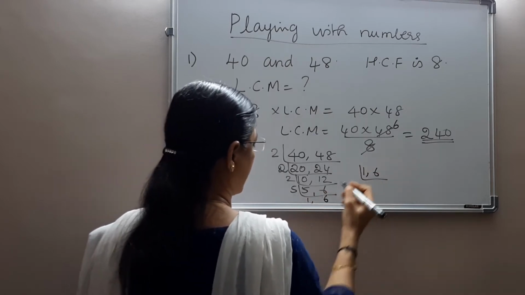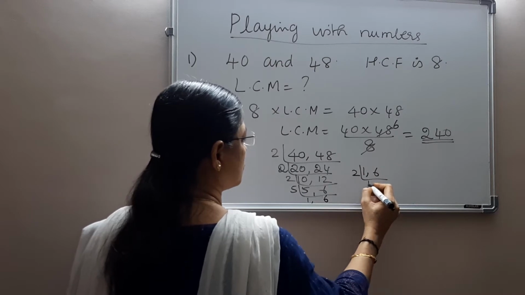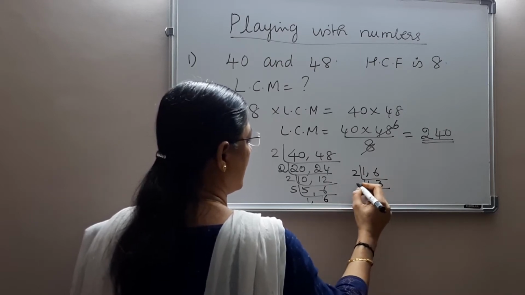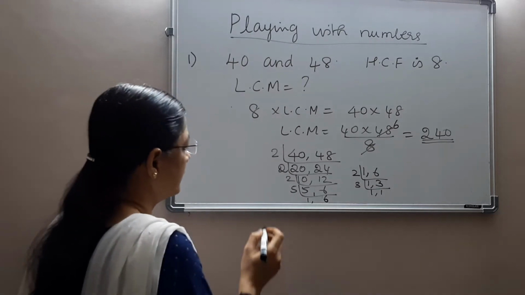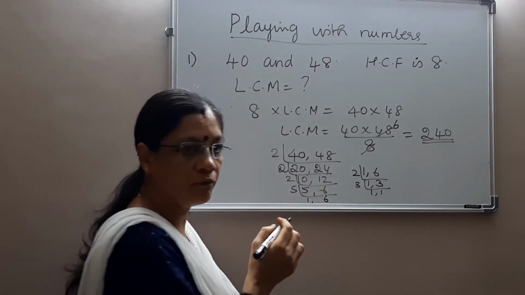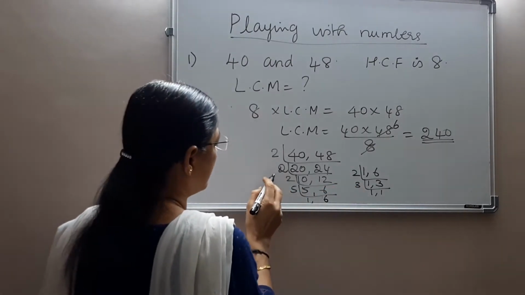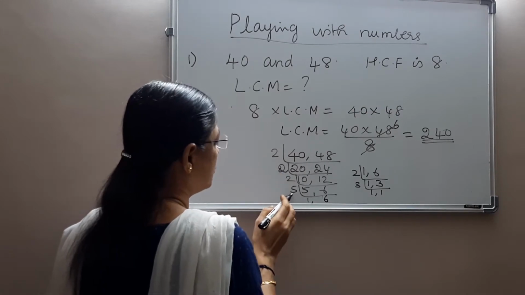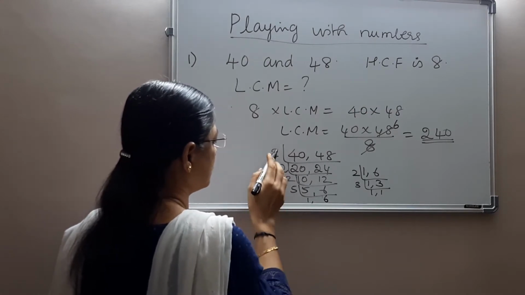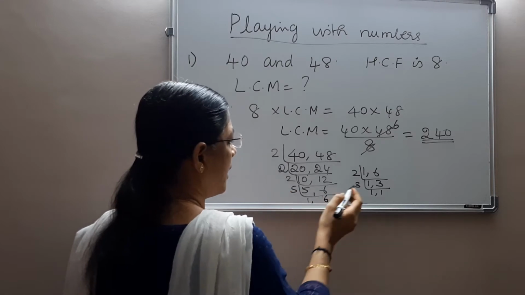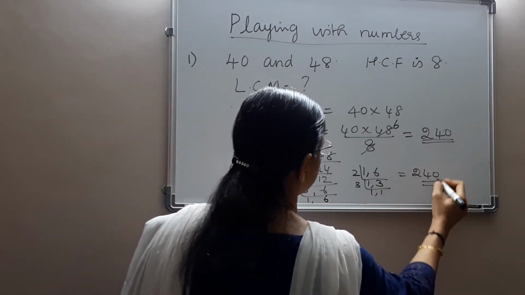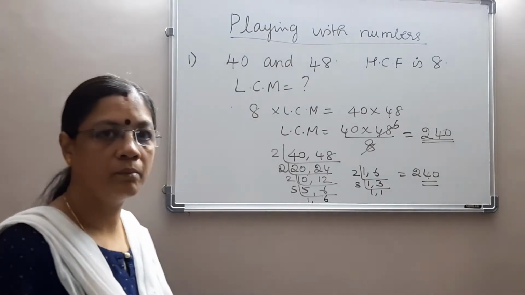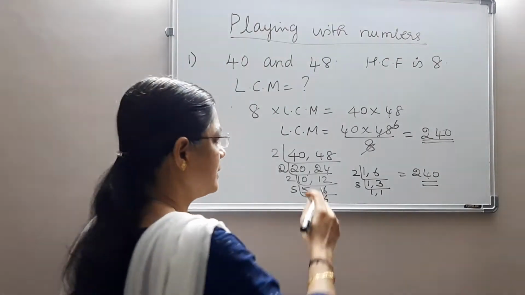For 1 and 6 I am carrying forward this here. So 2, 1, 3, and I put 3 here, so I get 1, 1. So you multiply all the numbers on the left side. So 2 twos are 4, 4 into 10, that is 5 twos are 10, isn't it? So 10 into 4 is 40, and 40 into 6 will give you 240. So the LCM is right. What we have found out by using the relationship, the LCM is right.